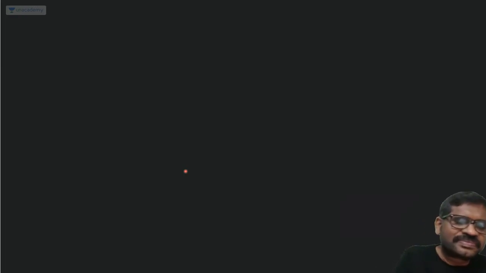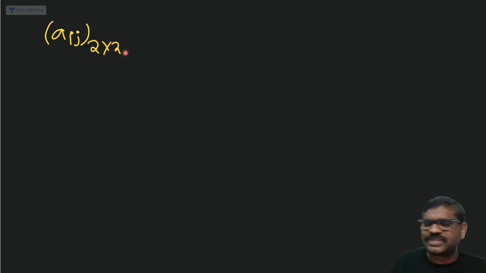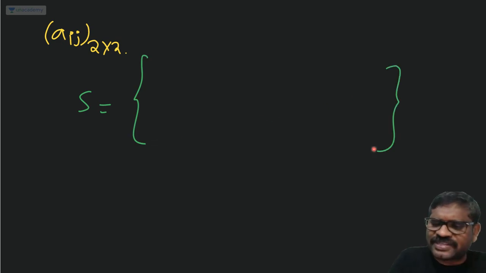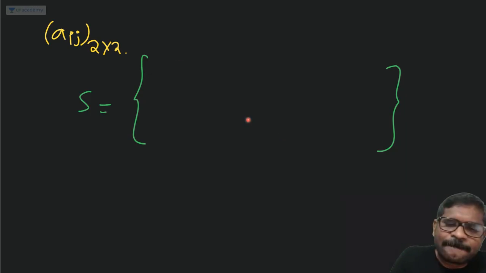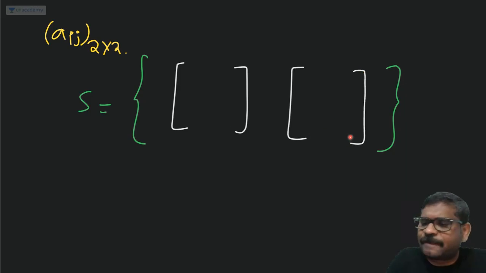I am going to write in roster format, you observe. Suppose your matrix Aij is 2 cross 2, and set S consists of all distinct 2 cross 2 matrices. Every entry of your matrix must be either 0 or 1.